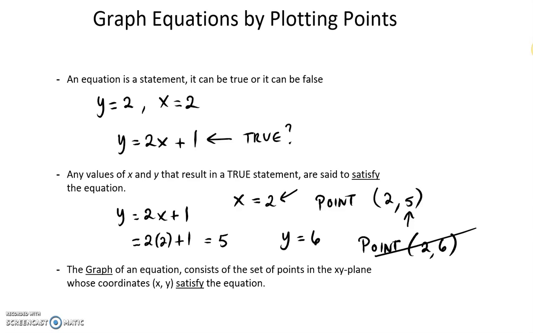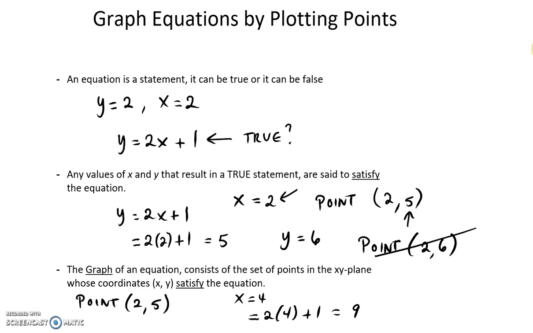So when you graph an equation, what it basically consists of is all the points that satisfy the equation. Similarly, like the example above, a valid point would be 2 and 5. To find another point, we can just pick an arbitrary x value. Let's say x equals 4. To find out what satisfies this, we'd simply plug it into the equation, and we'd have 2 times 4 plus 1 is equal to 9.